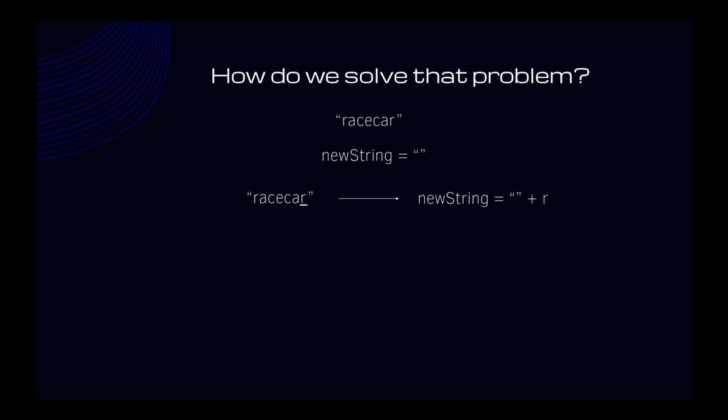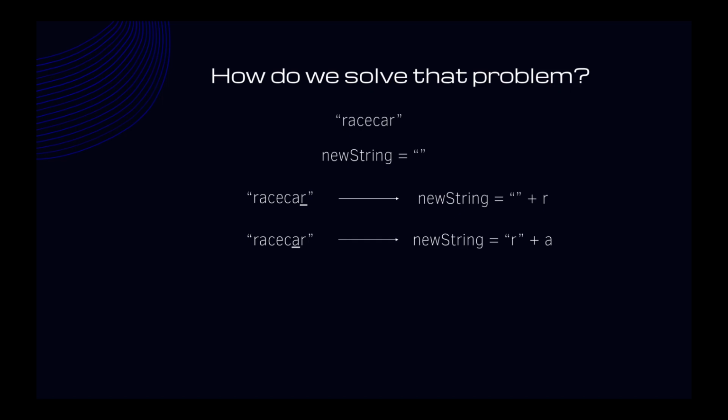So if you look at this in action, it means that at the first turn of the loop, we are beginning at the last character, which is the R. And then we just append that R to our new string. In the second step, we move the cursor to the second last character, which is the A. And we just append this character, the A, to the result of the previous round.